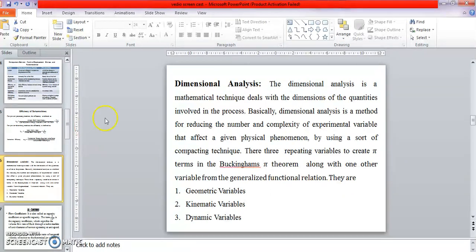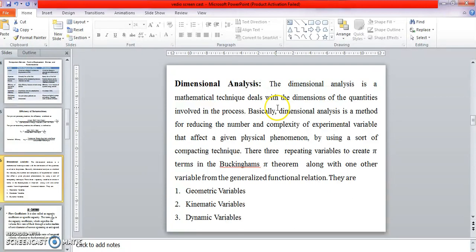Coming to dimensional analysis, it is a mathematical technique dealing with the dimensions of the quantities involved in the process. So we are going to consider fundamental dimensions, secondary dimensions, and dimensional homogeneity. In the fundamental dimensions, the MLT system, we have mass, length as well as time.